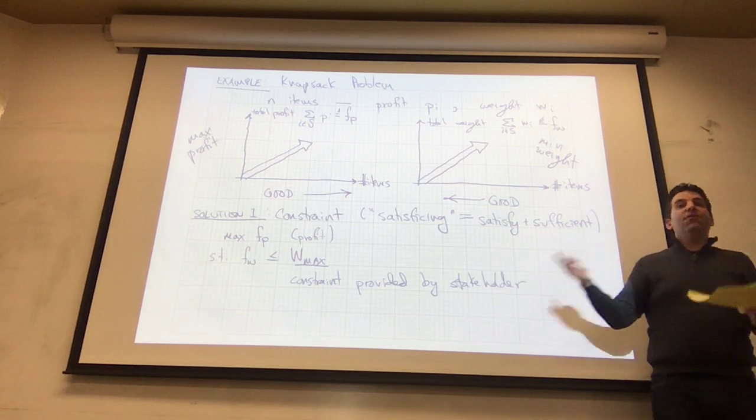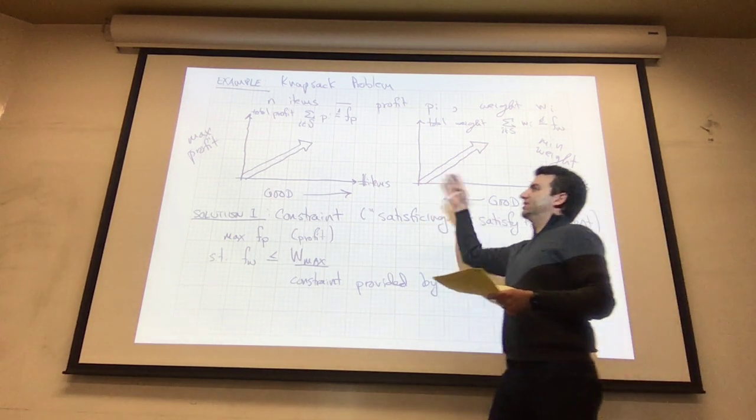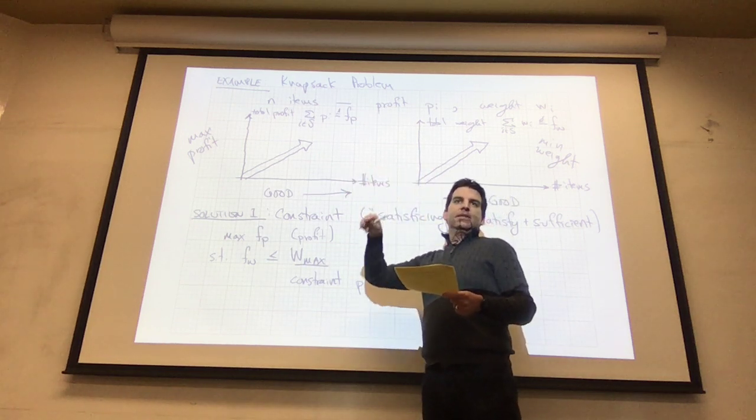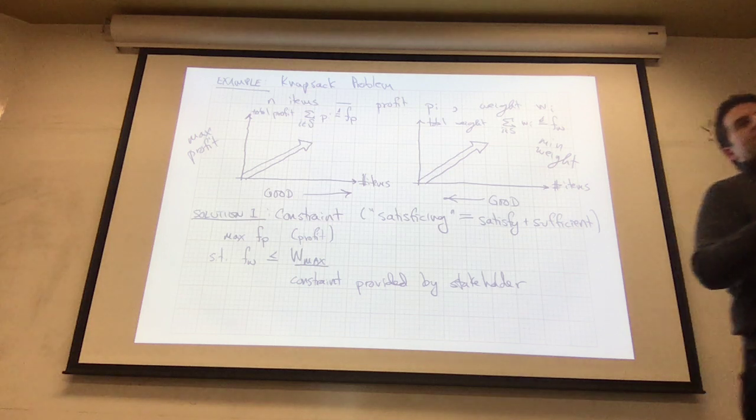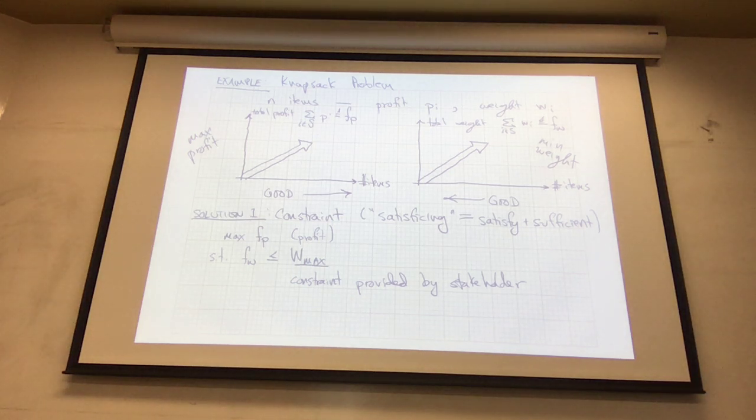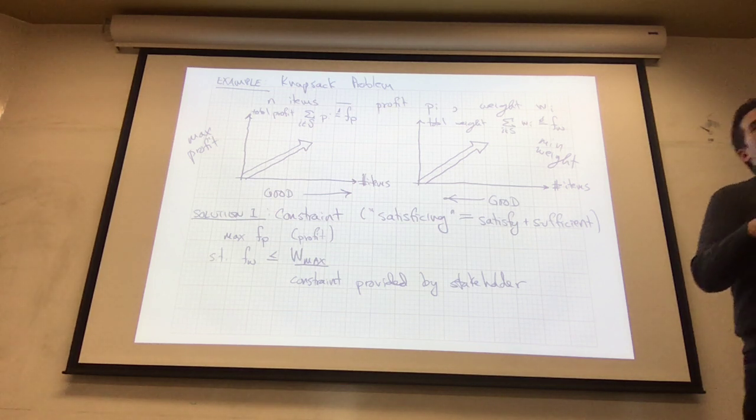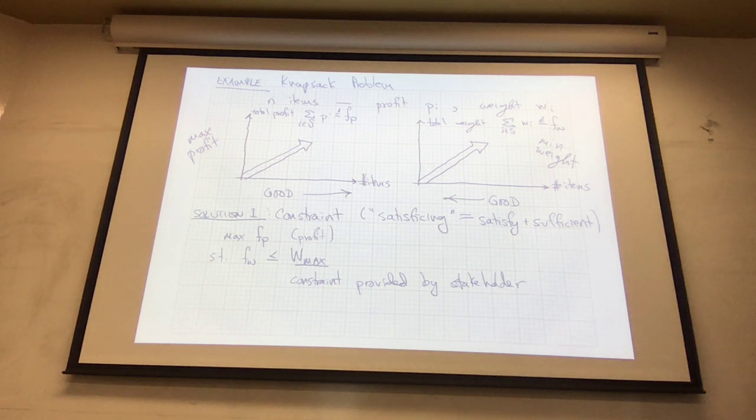What might be another way that I could come up with a solution to this problem that's not imposing a constraint? Pareto Frontier? We'll get to that. That's what we're building to. Can you define a Pareto Frontier? Can I define it?